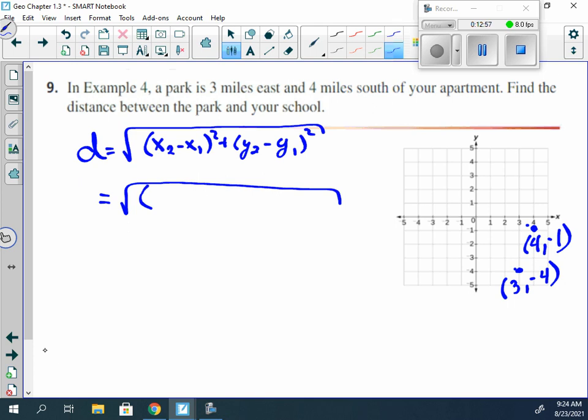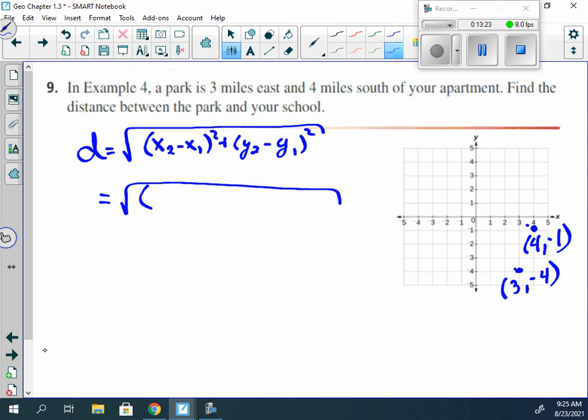What is 4 minus 3? What is 3 minus 4? -1, right? But we square it, right? So 1 squared would be 1. -1 squared would be 1, yes? So the difference in sign is accounted for because of the square.